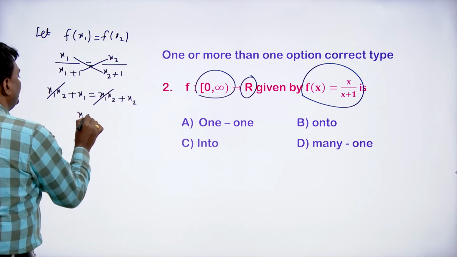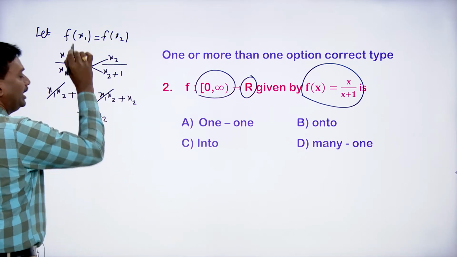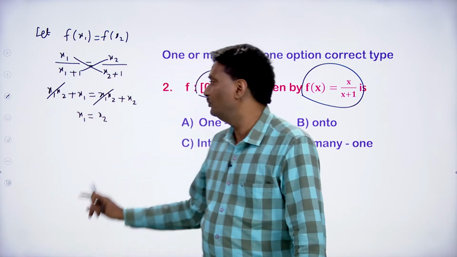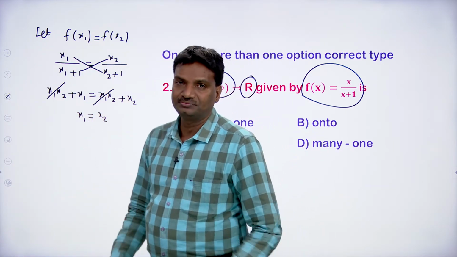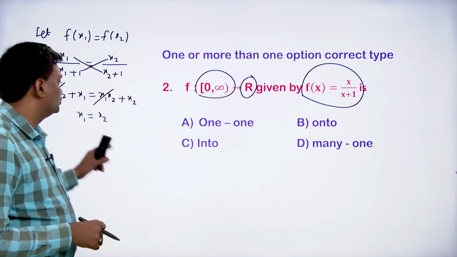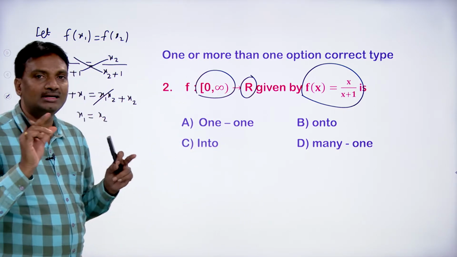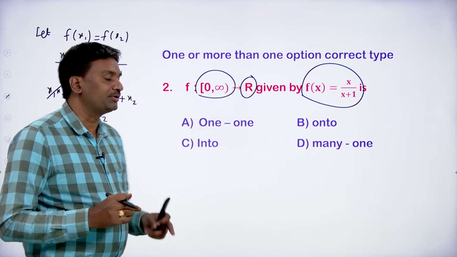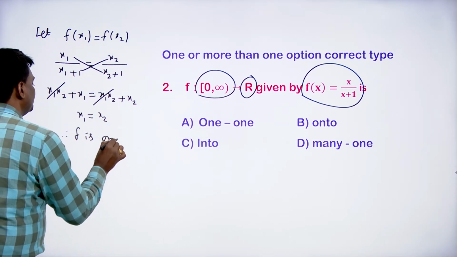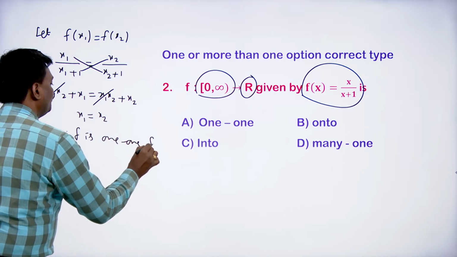From this we have x1 equal to x2. By considering f of x1 equal to f of x2, we have x1 equal to x2. So clearly f is a one-one function.